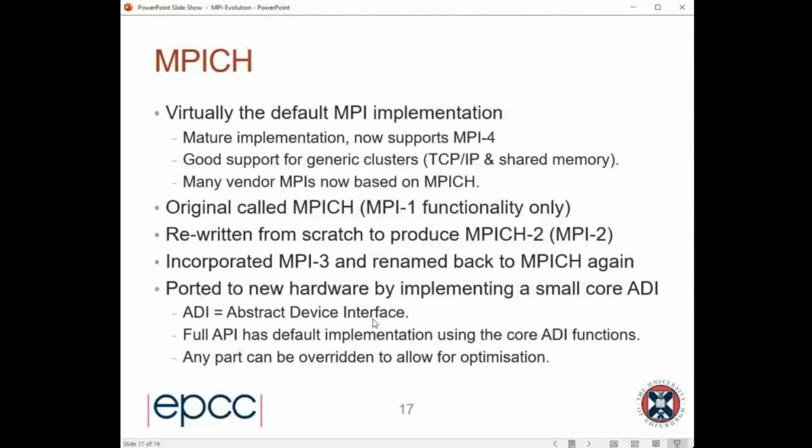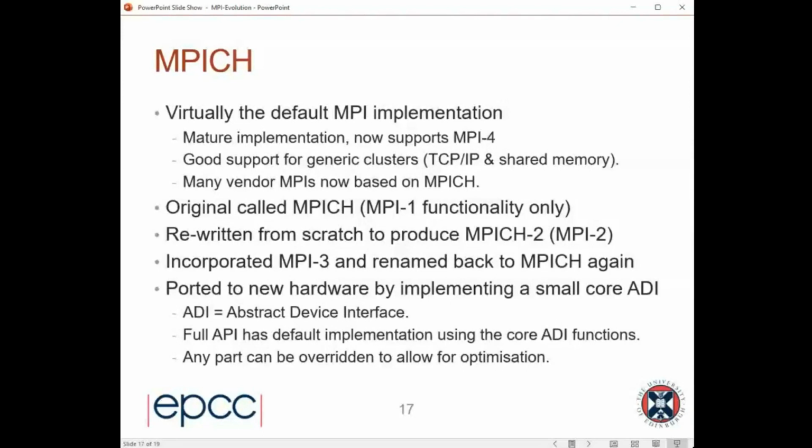And how do you write an MPI library which can run on any hardware? Well, they have a concept of an ADI, an abstract device interface. They have a very low level set of functions called the ADI functions, which do very low level things, like send n bytes between process A and process B. Basically, what HPE will have done to optimize MPI for ARCHER2 is rewrite this lowest level layer using hardware specific features. So 99.9% of your library is completely hardware neutral.